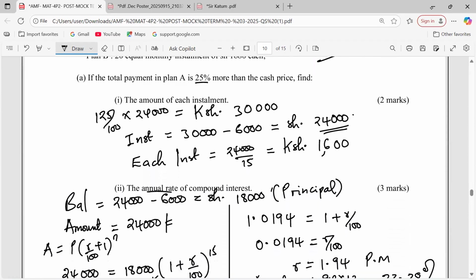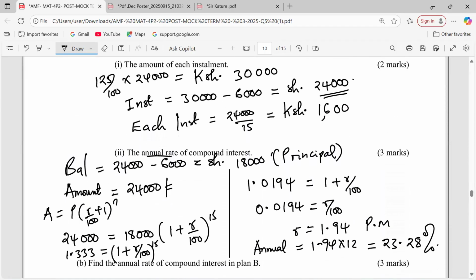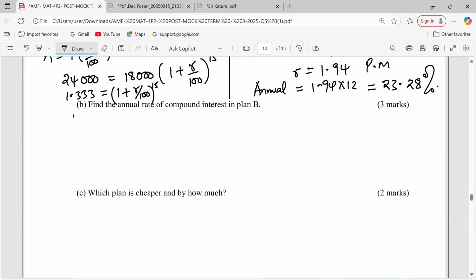We can check the amount, which is 20 by 1680. So the amount that will be paid will be 20 by 1680, giving us 33,600. That is now what you will pay.